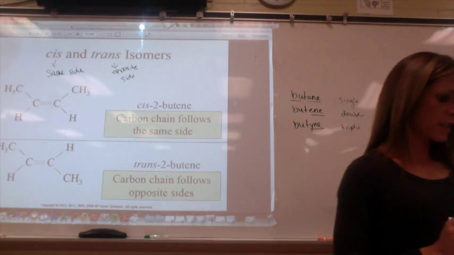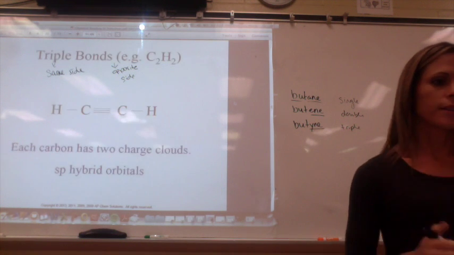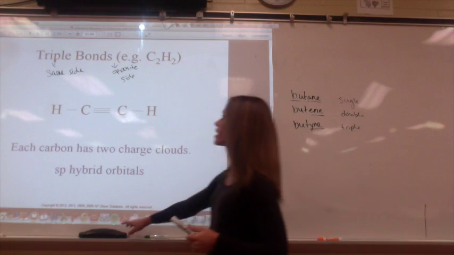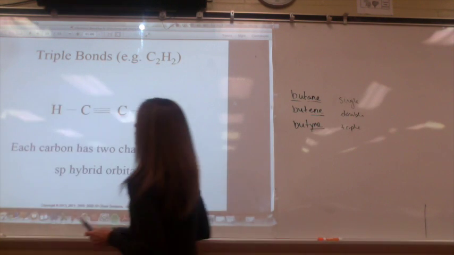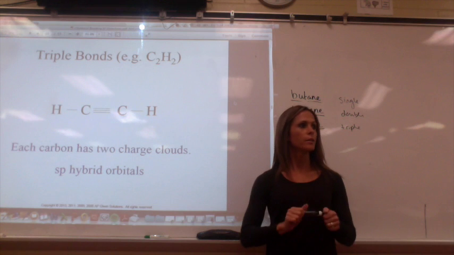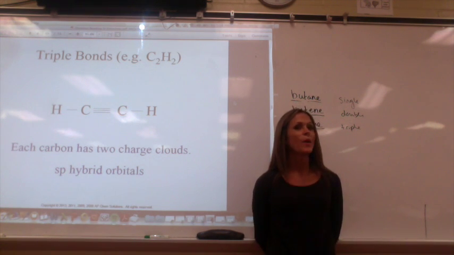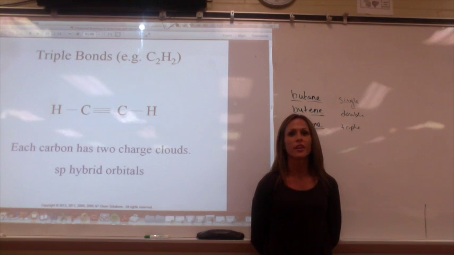Simple enough. Triple bonds. Each carbon has 2 domains. What's the hybridization? It's sp. How many unmorphed orbitals are there? 2 unmorphed p orbitals. How do you know?